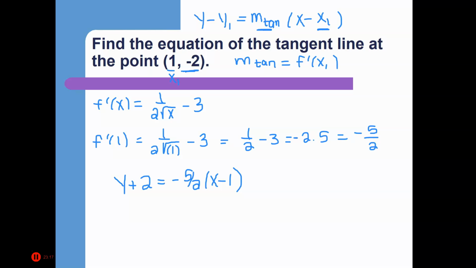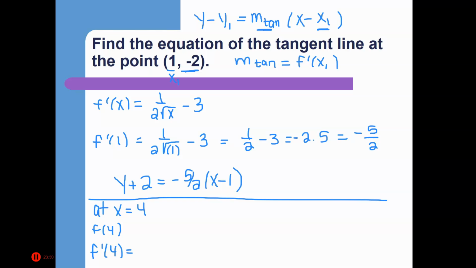So if they didn't give you the y value, it would have been f of 1 plugged into that original function, (x minus 3x square root x) all over square root x. Like if I said find the equation of the tangent line at x equals 4, then you would have to find f of 4 and f prime of 4.